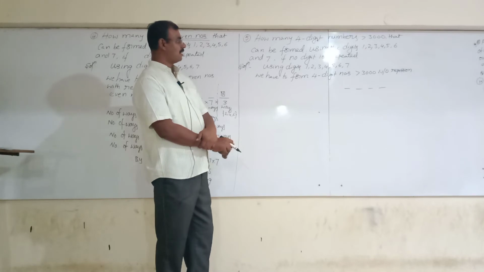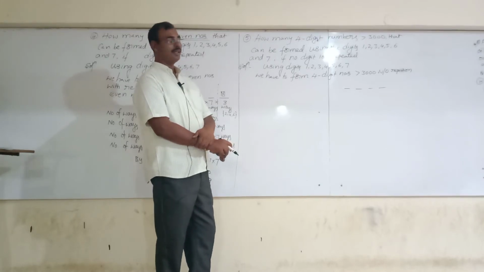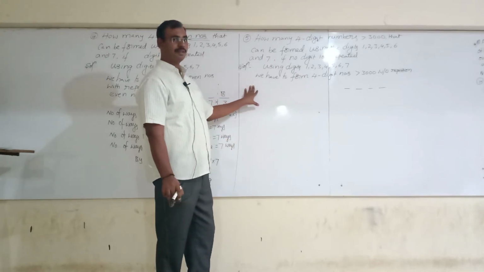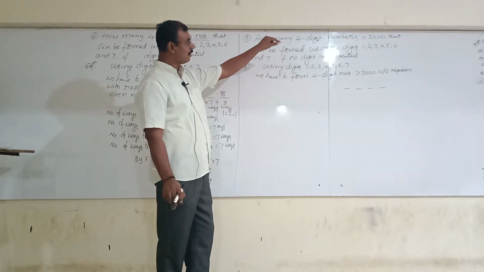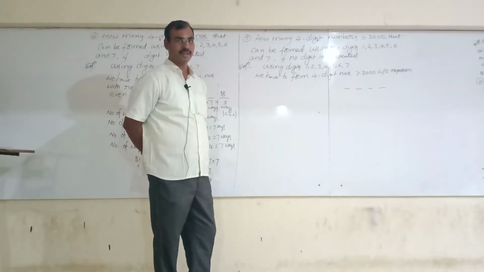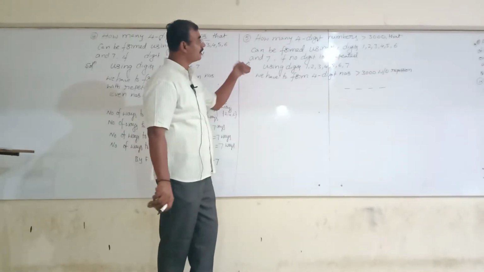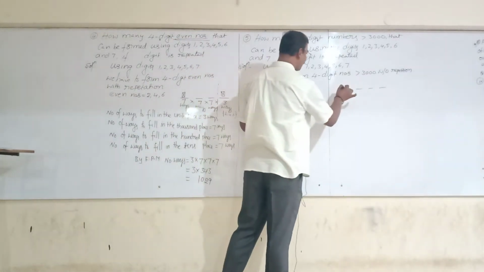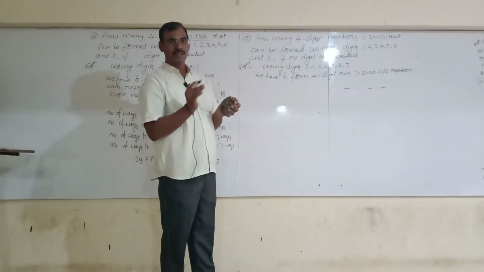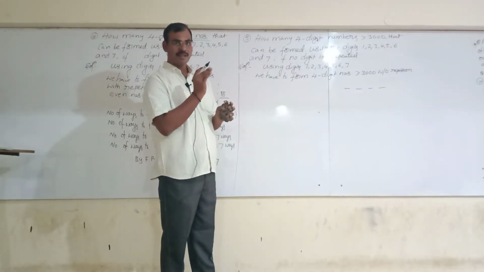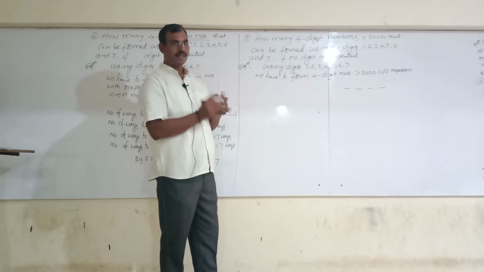The condition is on the leading position, correct? Because greater than 3000 means the condition is only on the leading position, the first place. That is the only one condition here.